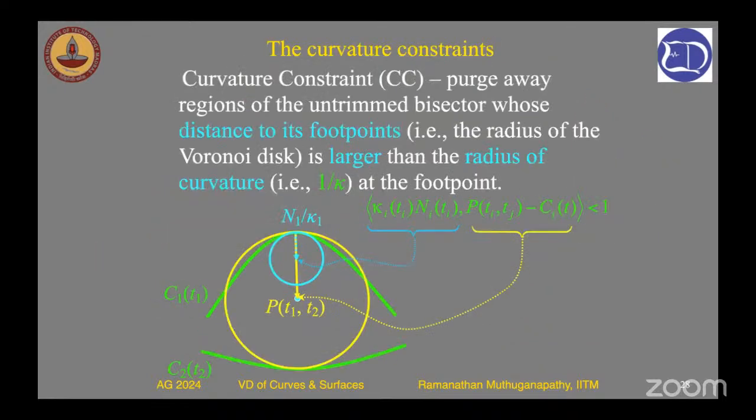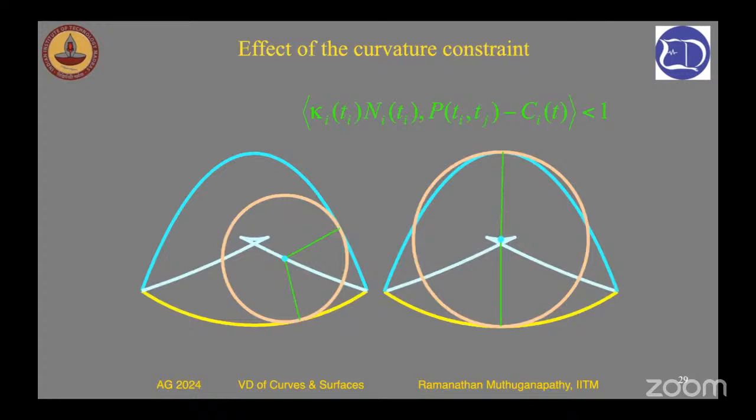This is what I discussed now. And then we apply what is called a curvature constraint. Let me just give a geometric feel, as this is more complex mathematically. The idea is that if you take any point on a bisector, and you observe the points where the ball touches the curves, the curvature of the ball is higher than the curvature of the curve at that point. The curve is much flatter than the ball.